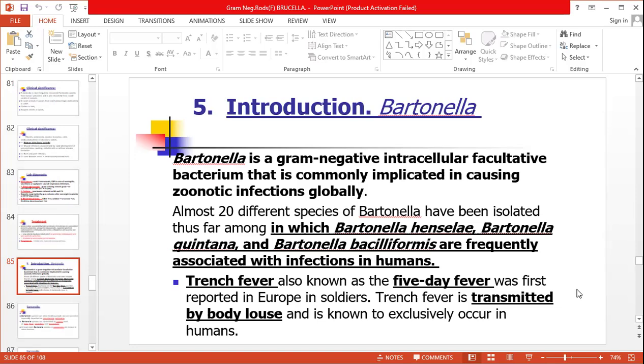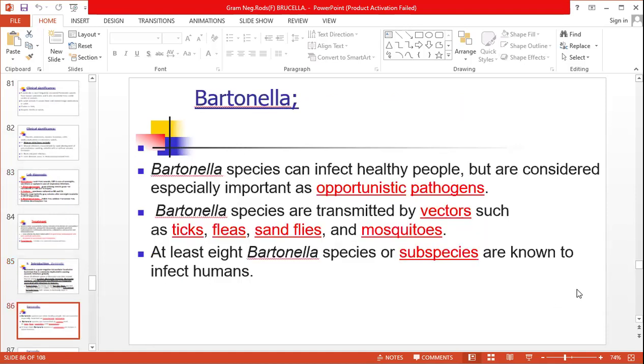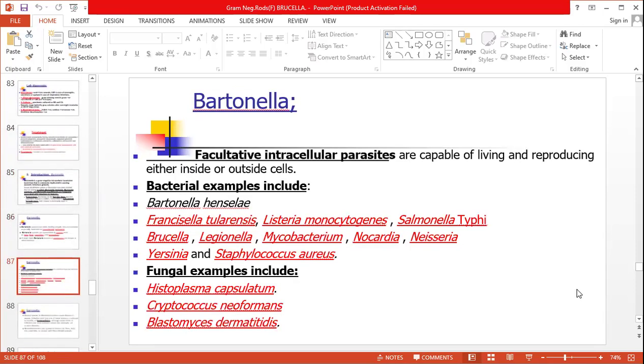Trench fever is transmitted by the body louse and occurs exclusively in humans. They are transmitted by vectors such as ticks, fleas, sandflies, and mosquitoes. They are facultative intracellular parasites, capable of living and reproducing either inside or outside cells.